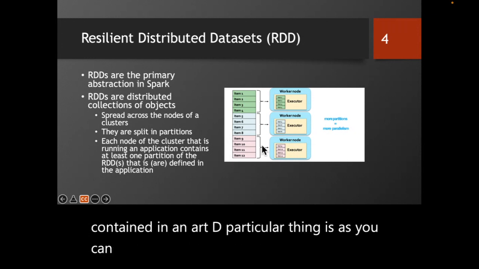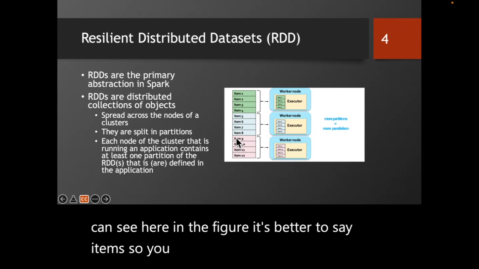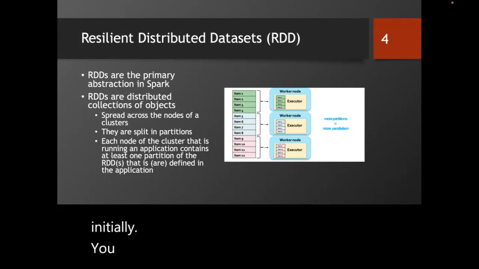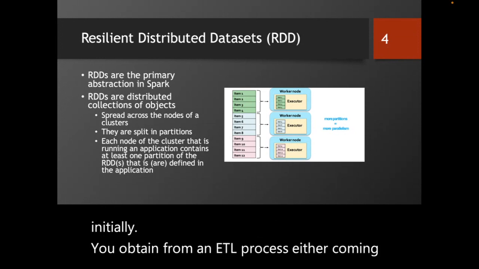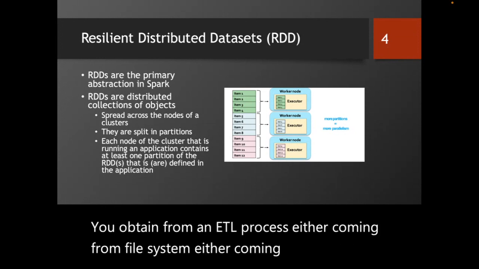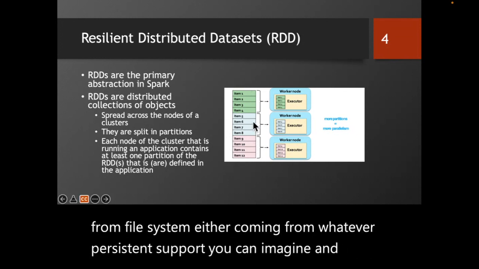A particular thing is, as you can see here in the figure, it's better to say items. So you have a collection of items that initially you obtain from an ETL process, either coming from a file system or from whatever persistent support you can imagine.